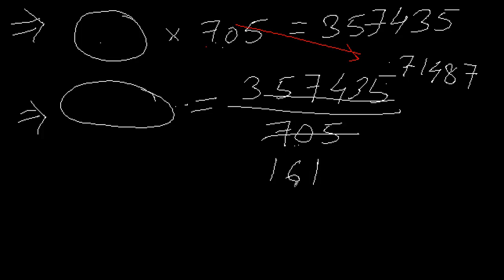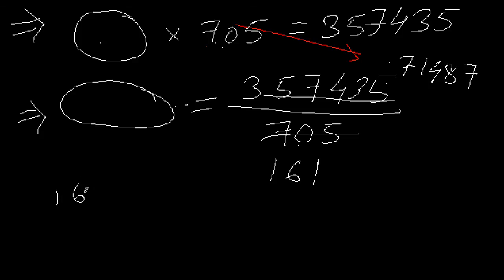If I divide 161 by 3, how much does that come? 3 5s are 15. 1 comes down when I subtract, and I have 1 left, that means 11, and 11 is not divisible by 3. So 161 is not divisible by any other number. So I have to check whether 71487 is directly divisible by 161 or not.